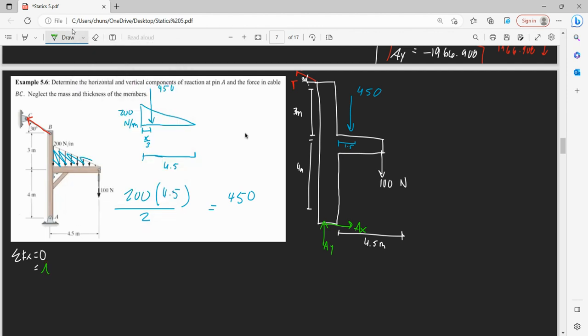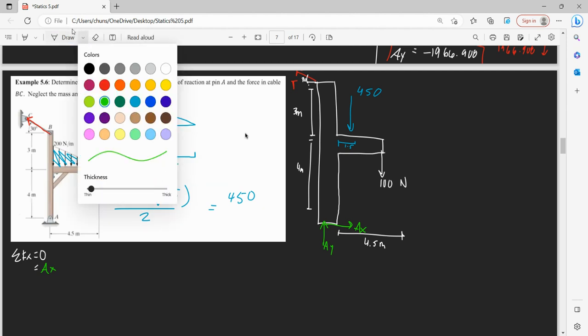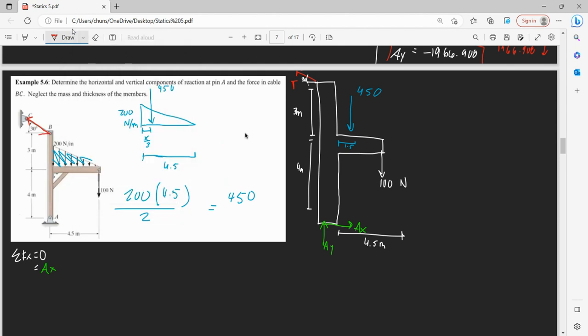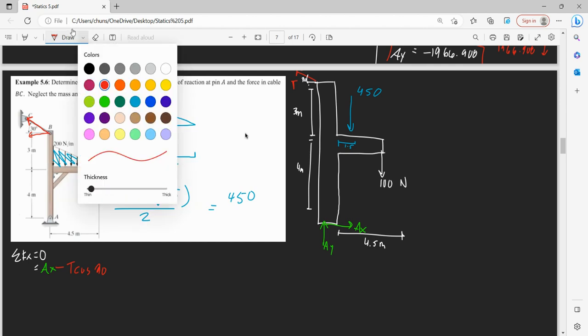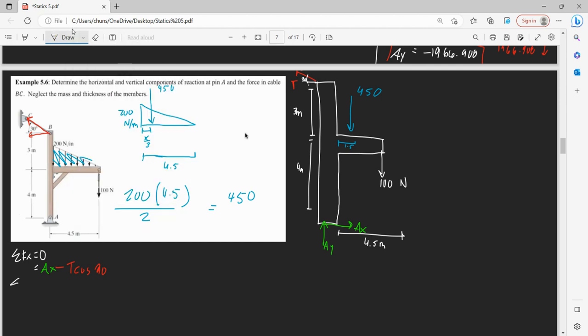So we have AX in our positive direction. And from our tension force, our x component points in the negative x direction. So this is T, and this will be cos 30. Or y.